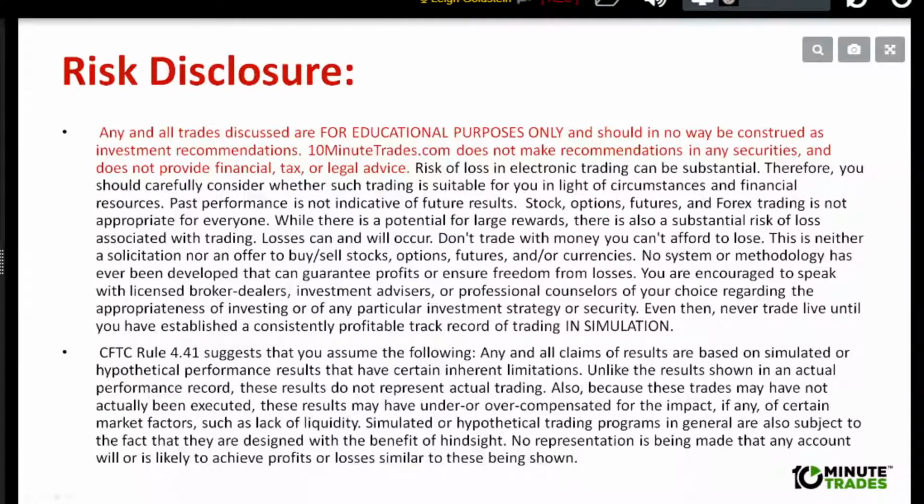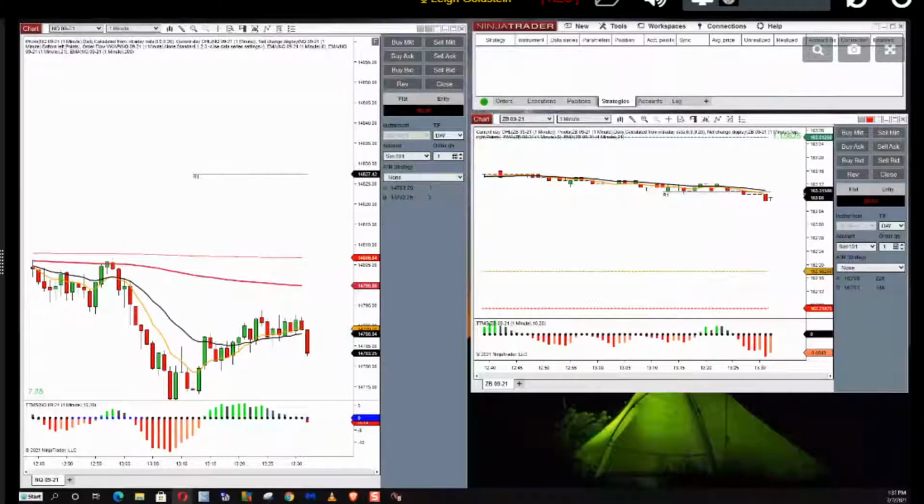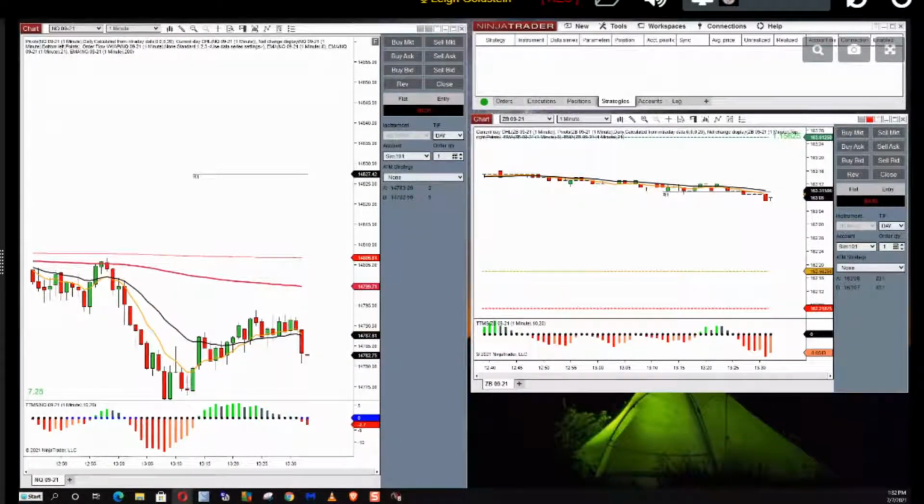And let's get started. So I'm sure if you read the daily report on this particular trade, it's got a few issues. Let's take a look at the daily report and see what I'm talking about.